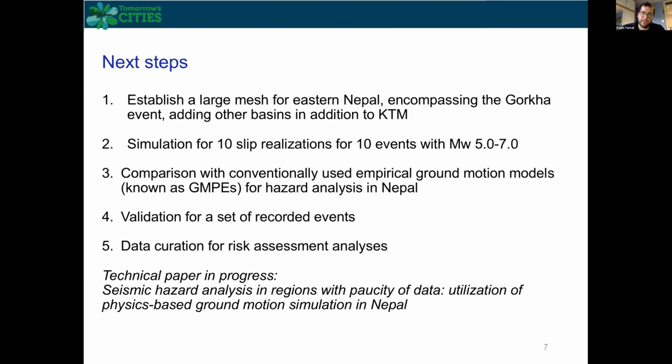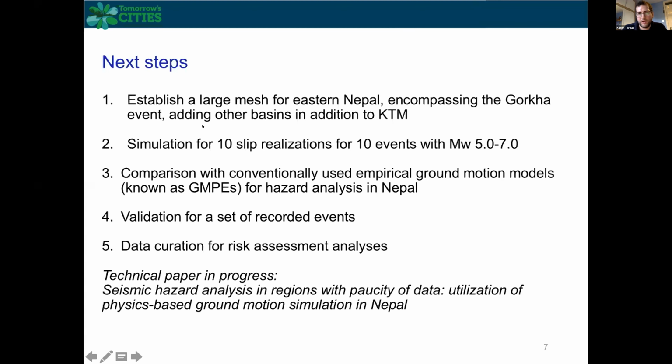For each magnitude that we will consider, at least this is for the first phase of the work, from magnitude 5 to 7, 10 slip realization will be considered for each of those events, and we will compare the outputs with the conventional approach that has been going on in Nepal, which is using the NGA-based ground motion models and some ground motion models from Japan, empirical models that are built based on the data somewhere else for the purpose of use in generic locations mostly, but also in some specific locations.